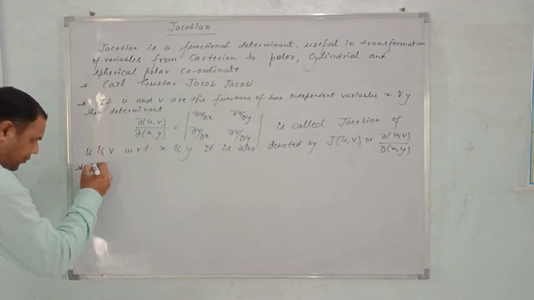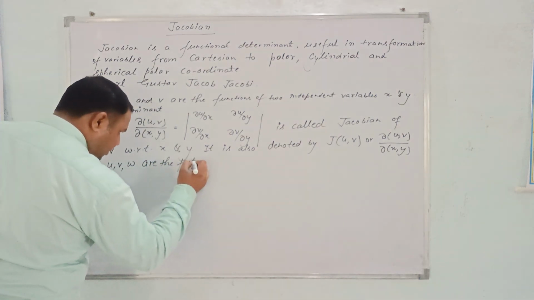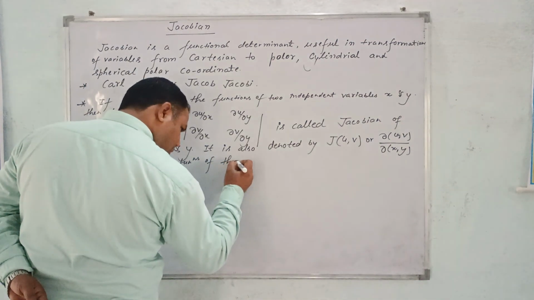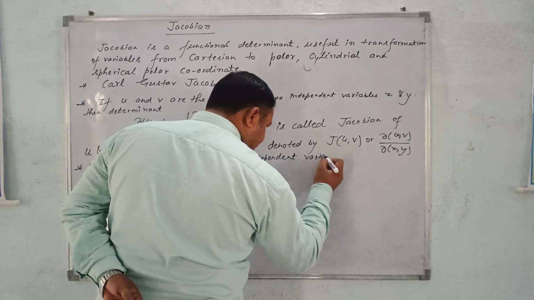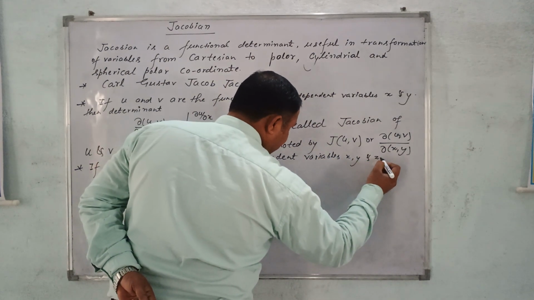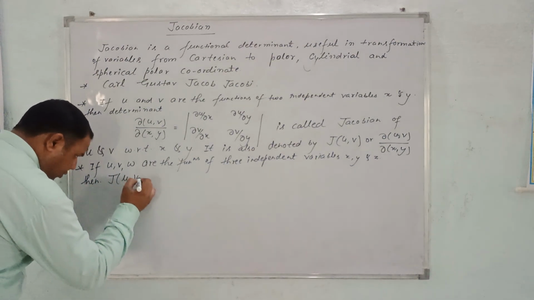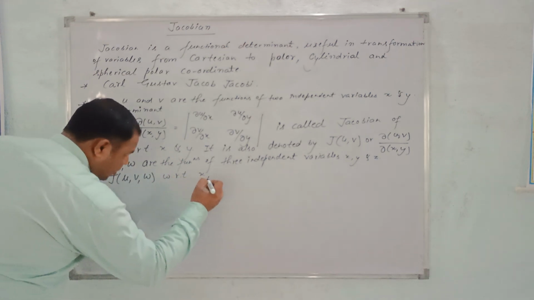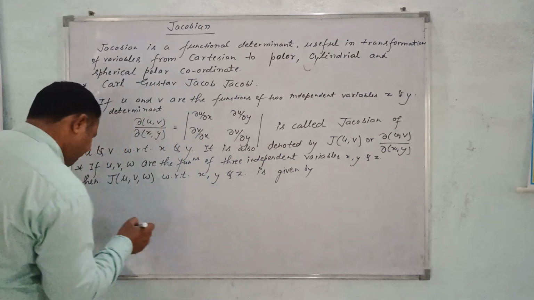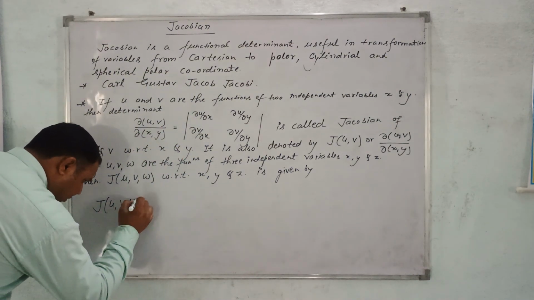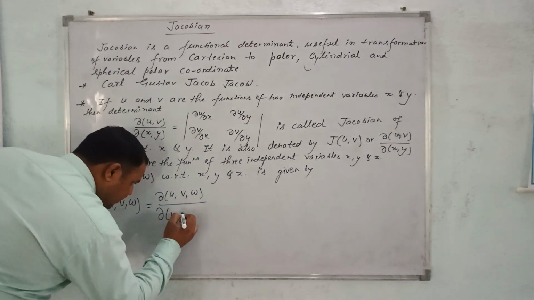Suppose u, v and w are the functions of three independent variables x, y and z, then the Jacobian of u, v and w with respect to x, y and z is given by del u, v, w by del x, y, z.